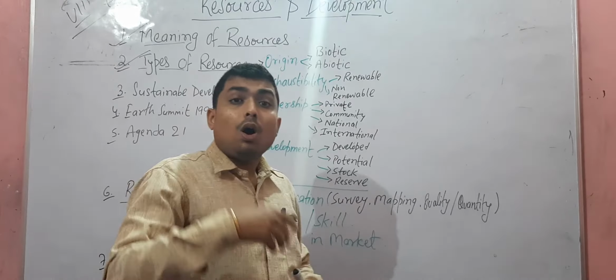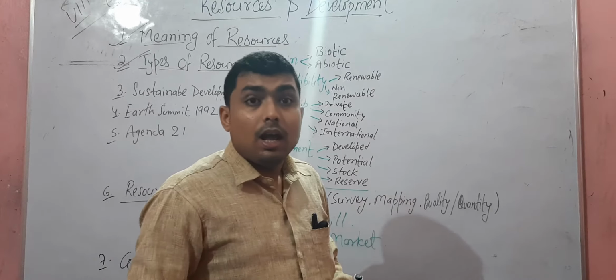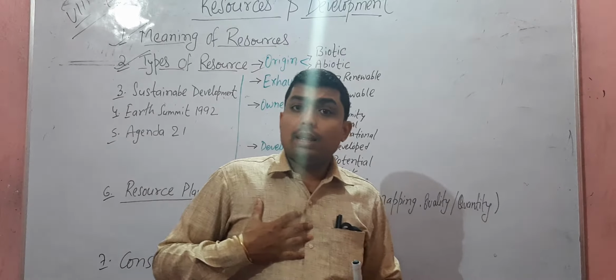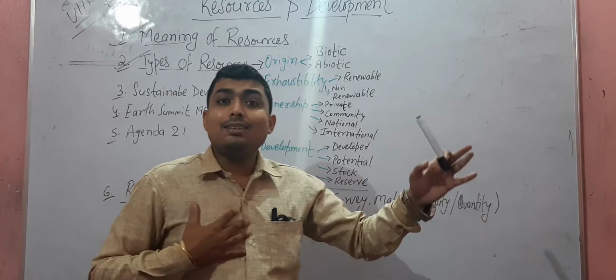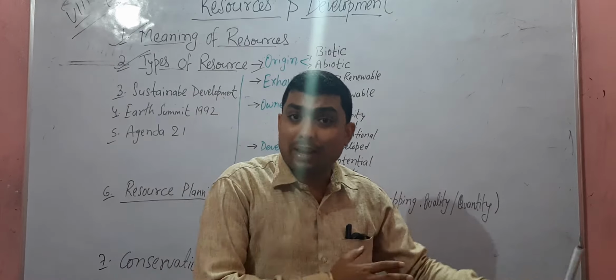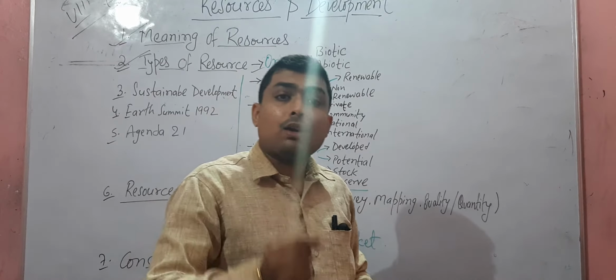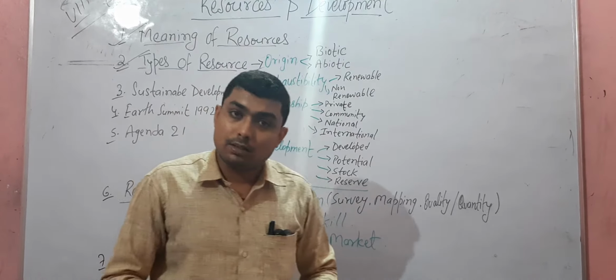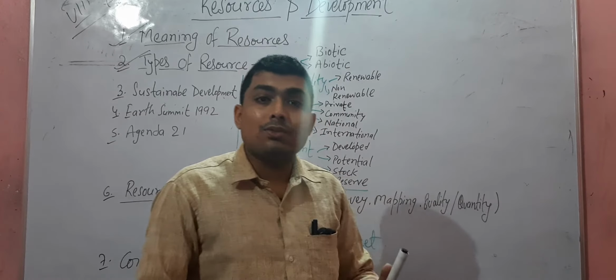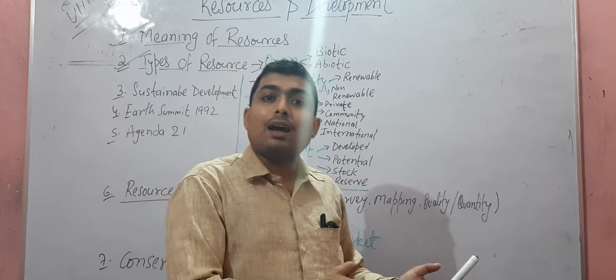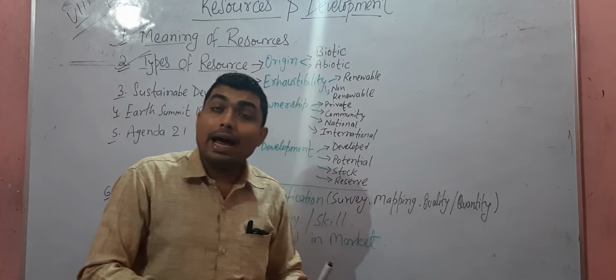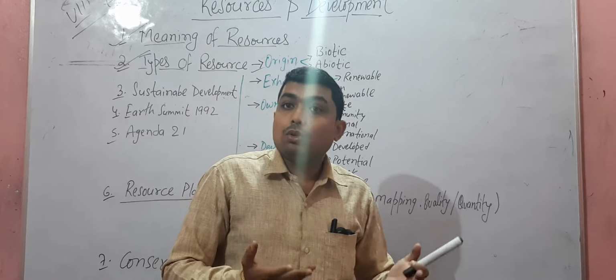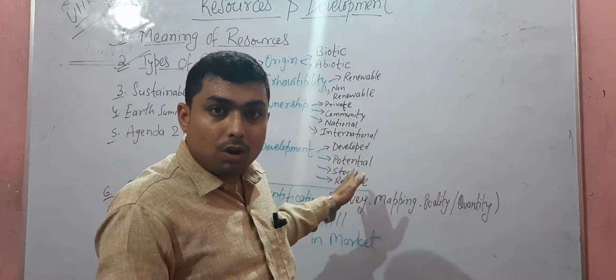Stock means all those resources which we know are resources, they are classified as resources, but due to lack of technology skill, we are not able to use them. So all those resources which we left due to lack of technology skill as well as demand, those resources come under stock.